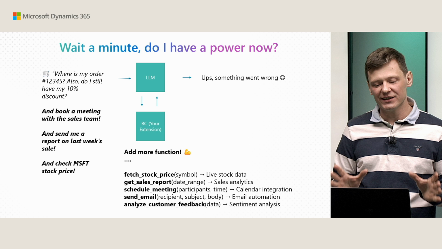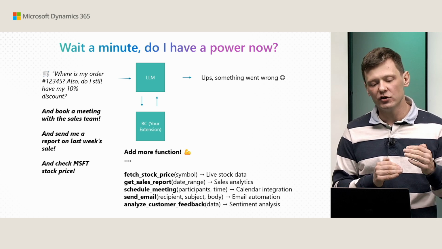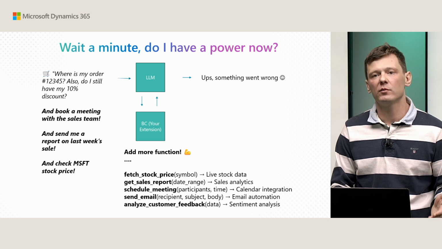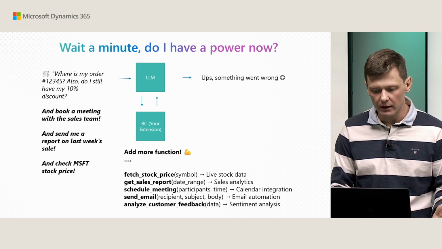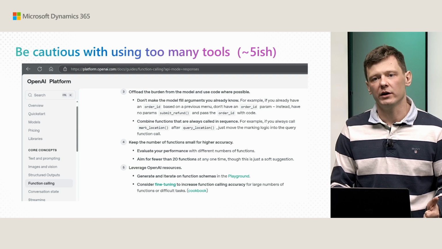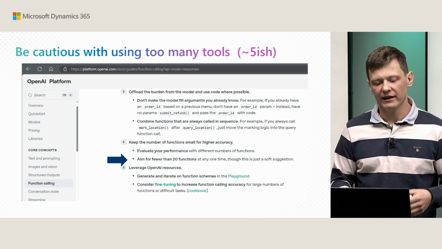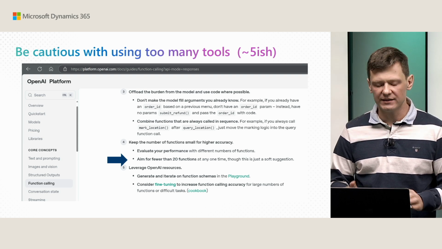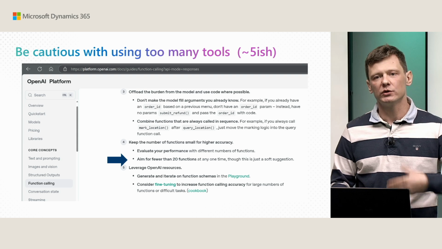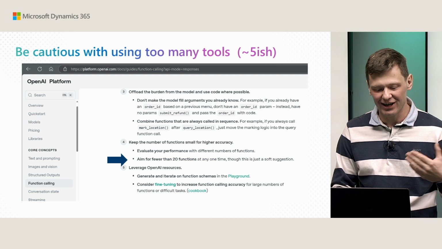So the concept is great and it worked great, but at some point of time, if you have too much, it will just stop working reliably. Now, what I want you to be cautious and super aware of: if you go to the OpenAI documentation, it will say, hey, tools are awesome. It's the best tool for the job to retrieve data from a system, to enrich your responses, to make sure it's truthful and grounded.